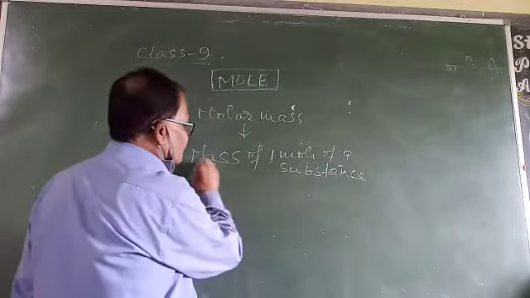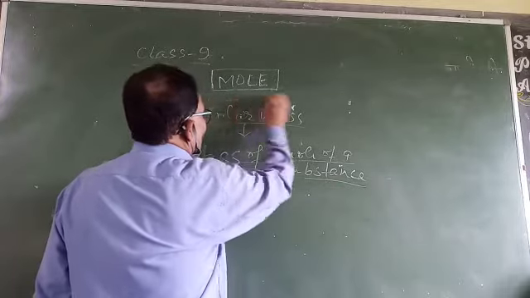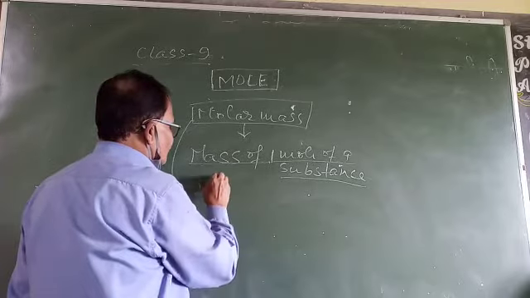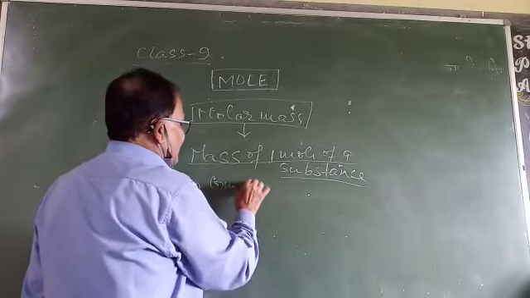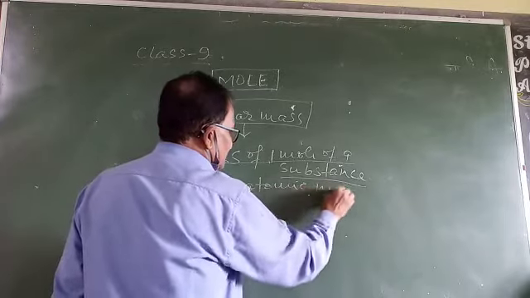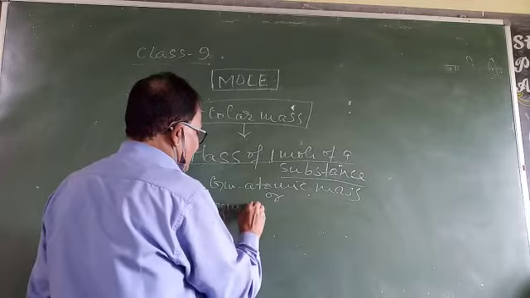The mass of 1 mole of a substance is called its molar mass, and this is equal to gram atomic mass or gram molecular mass.